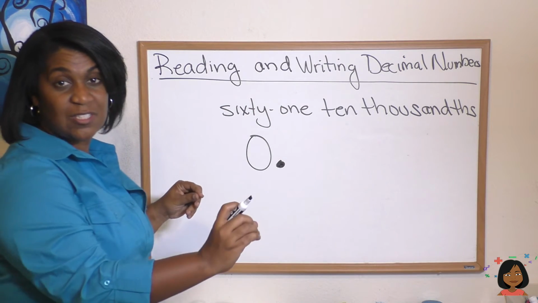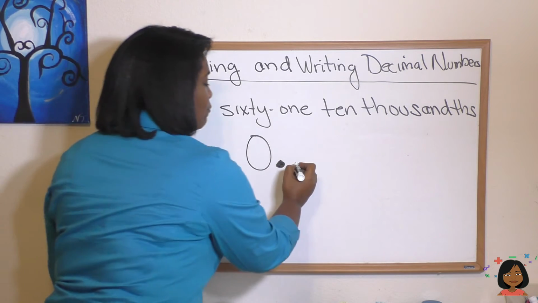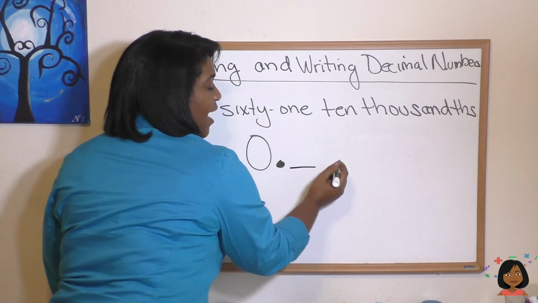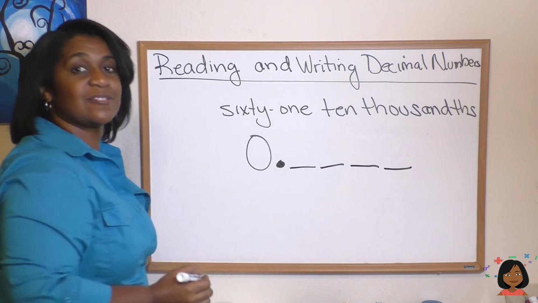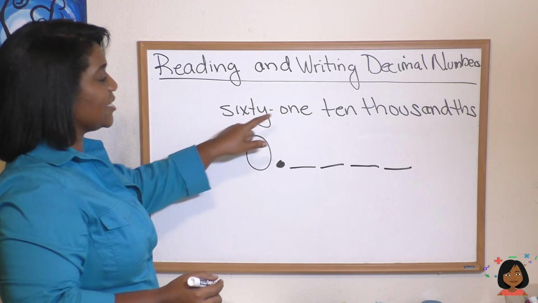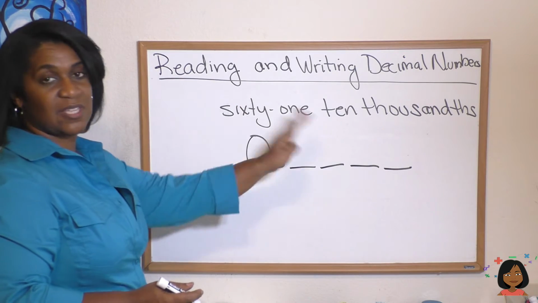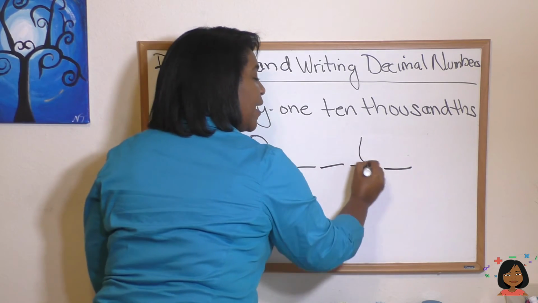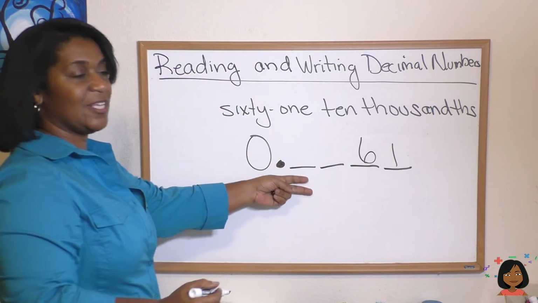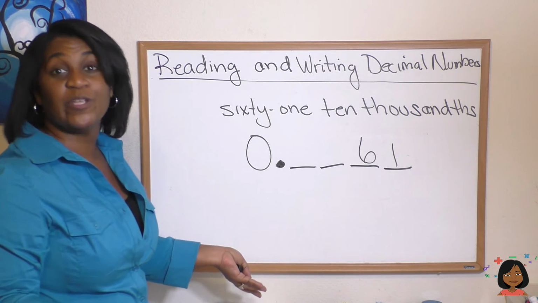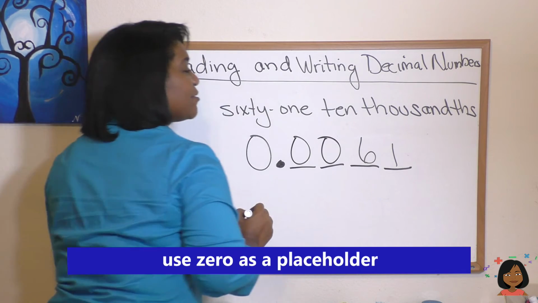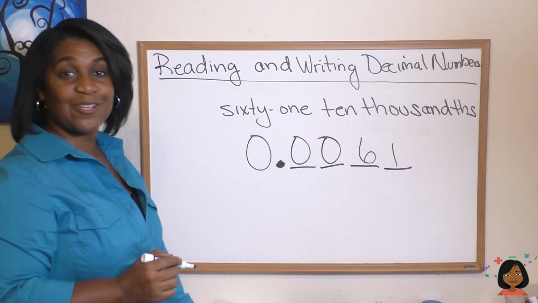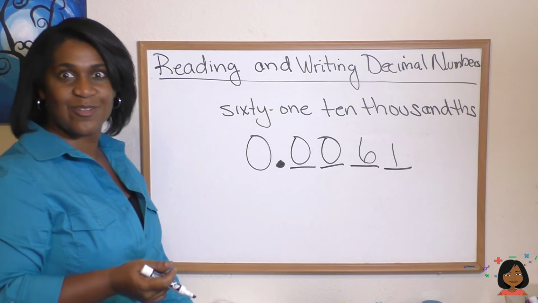We're going out to the 10,000ths, so let's go ahead and kind of sketch it out. Tenths, hundredths, thousandths, 10,000ths. And our number is 61. So we're going to put our number 61 to the far right and fill in there. And what do we do with these two spaces? This is where we use zeros as placeholders. So we're going to put our 0 here and our 0 here. And that is how you do 61 10,000ths.